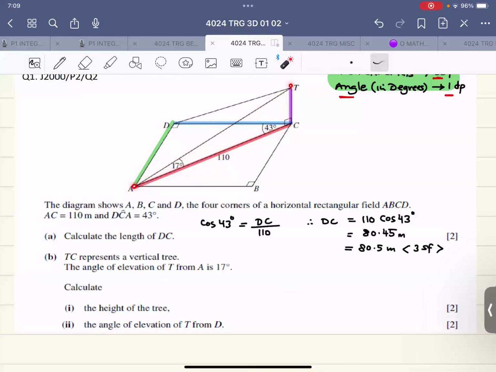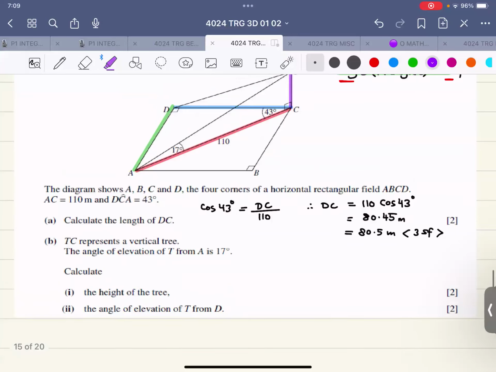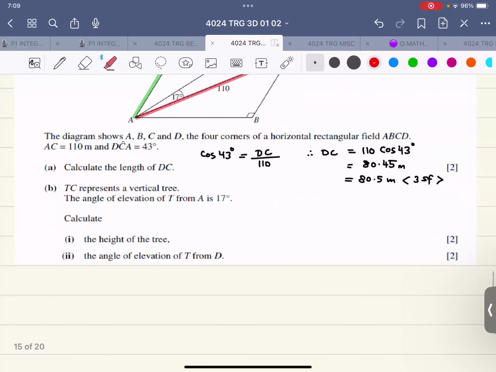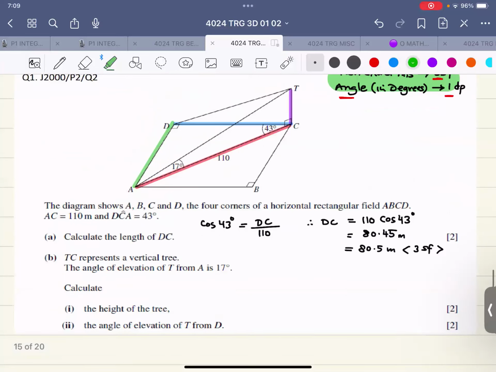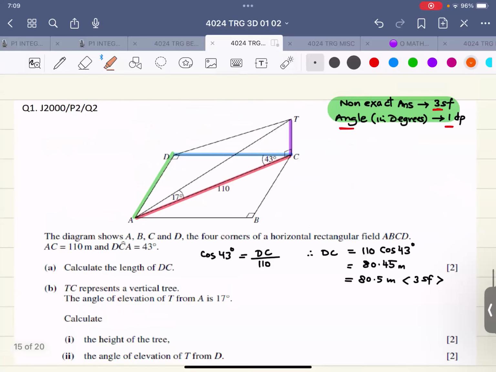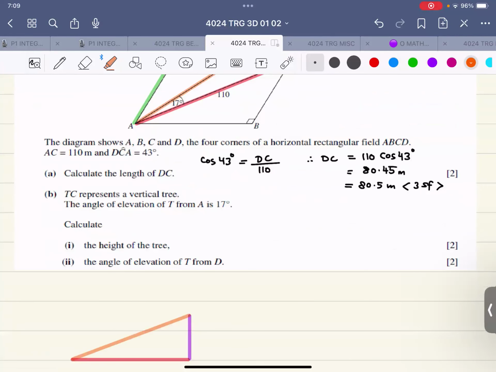So this is A, this is T, this is C. So let me draw this part separately. I'll choose this color, and then let me choose another color, an orange color right over here.